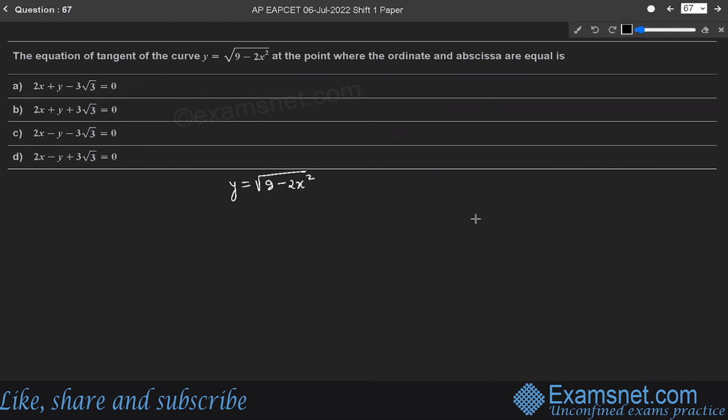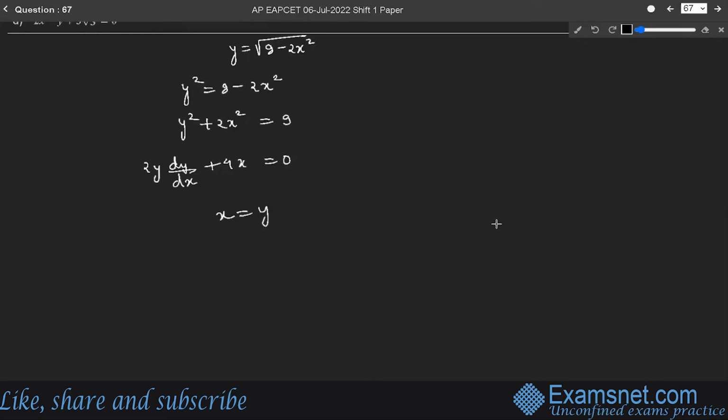On squaring both the sides, it becomes y² = 9 - 2x², or y² + 2x² = 9. On differentiating it, it becomes 2y dy/dx + 4x = 0. We know that x is equal to y. Therefore, dy/dx will be equal to -2.